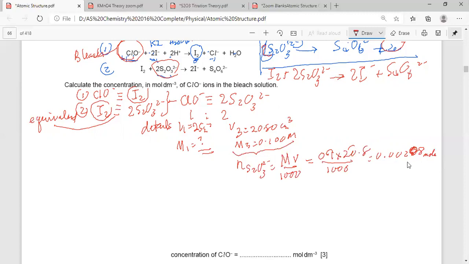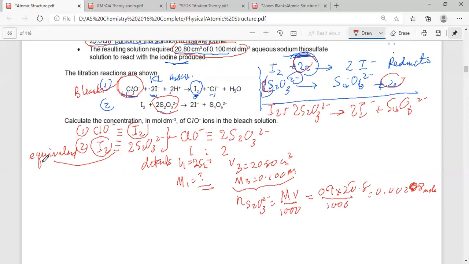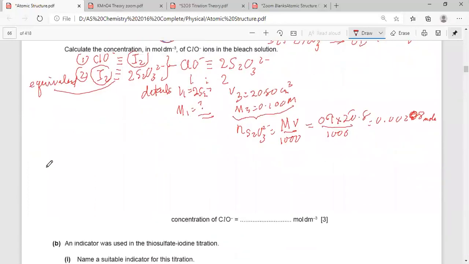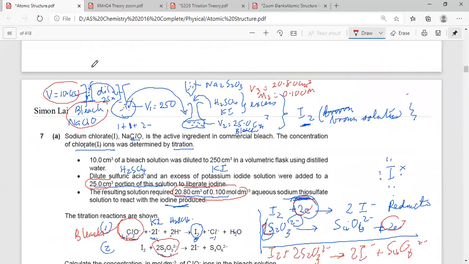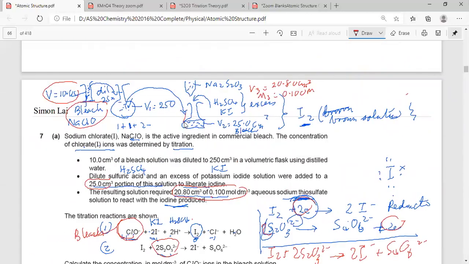Now this, remember, is found in what volume? 25 cm³. Very important. This is found in 25.0 cm³ of your titration. Now it came from where? It came from here, right? So that means the number of moles here is times 10.